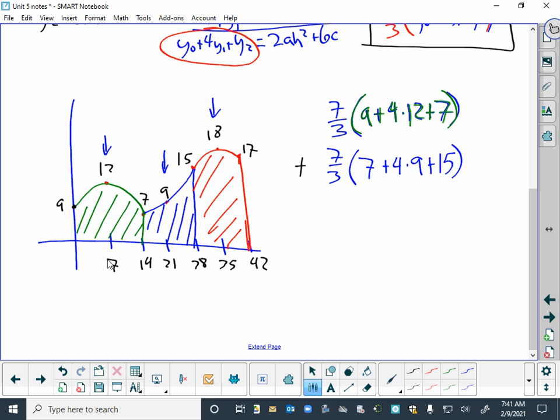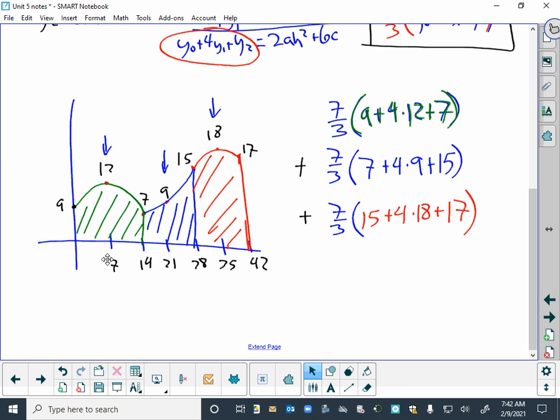And then I will add on to that the red one, which still has the 7 over 3 width of the interval divided by 3, and I'm going to need the 15 and 4 of the 18s and the 17.